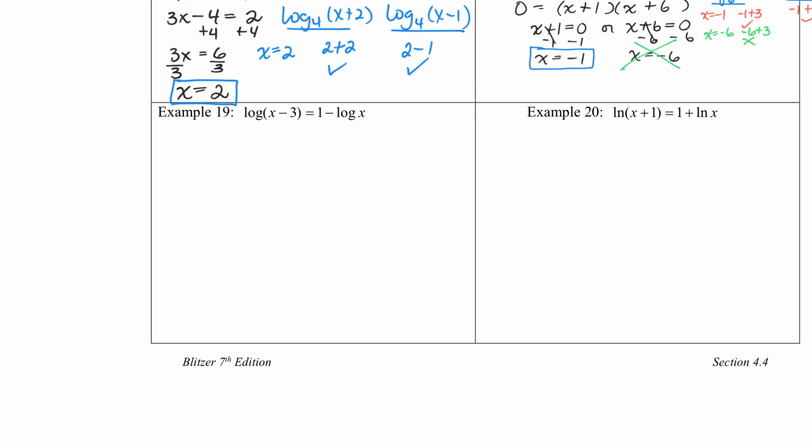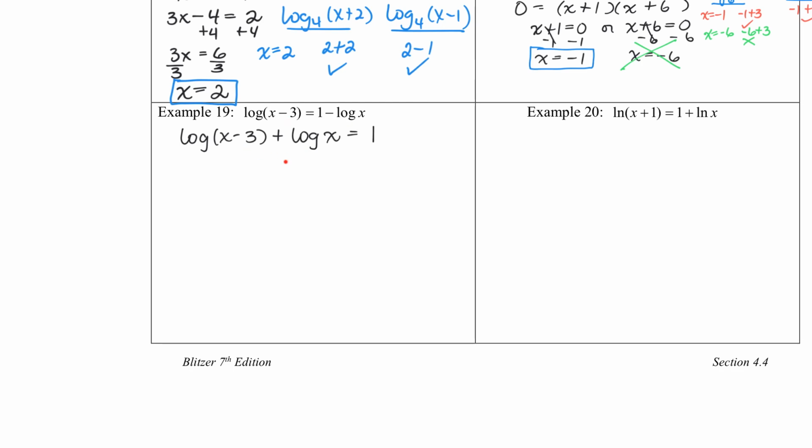I've got logarithms on both sides. But all I need to do is go ahead and add log of x to both sides to result in log of x minus 3 plus log of x is equal to 1. Right? So I just need to go ahead and add it to this side, right? Add log of x to both sides, in other words.